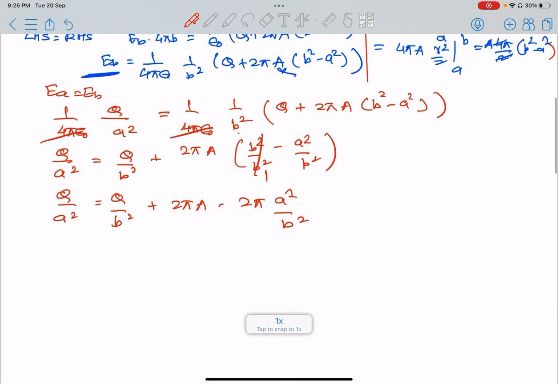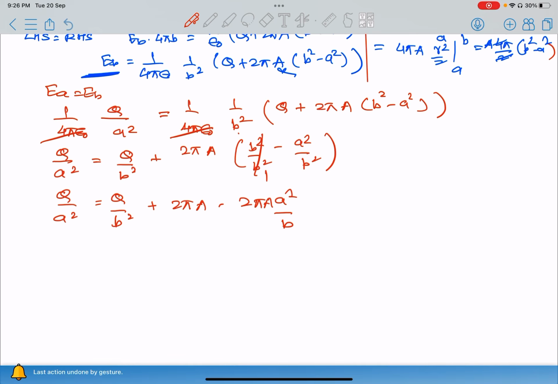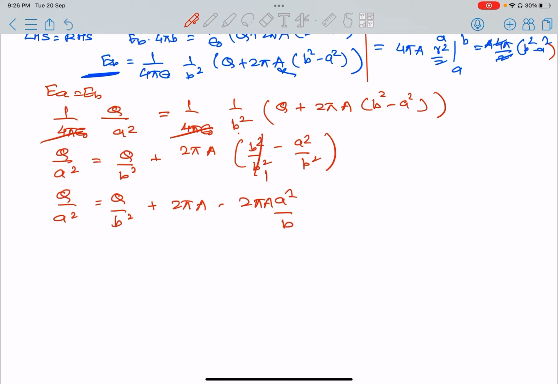So 2 pi A will be here also. At the end we have to find out A, right? So let me erase this step. We want A, so we subtract Q by b squared from both sides.